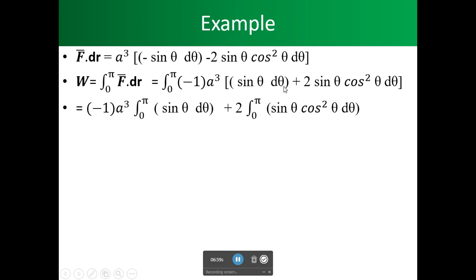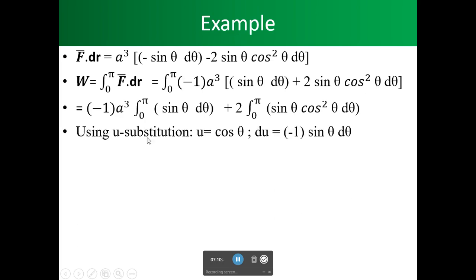Using u substitution, we would like to substitute for here u equals cosine of theta, and the derivative of cosine is minus sine theta d theta. That's what we're going to replace here.